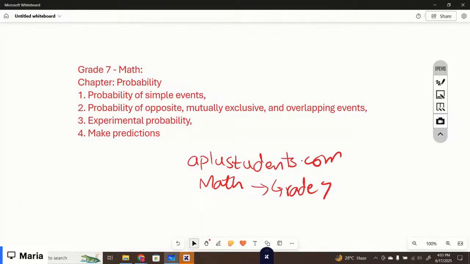So please make sure you have the book and answer so that you can note down the important information as well.